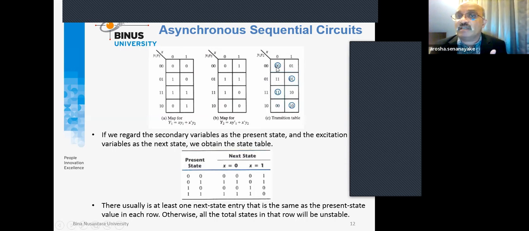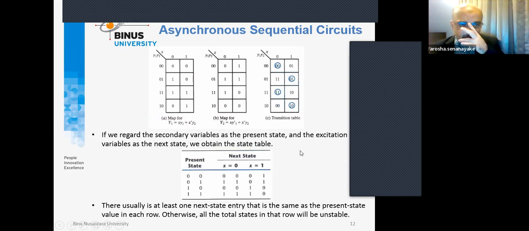For example, here, present state is 0, 0, next state also 0, 0. In this case, 0, 1, and then we have 0, 1. 1, 1, we have 1, 1. So those are the ones, of course, circled in this case, as you can see. So make sure that you have somehow one of those cells with a present state.